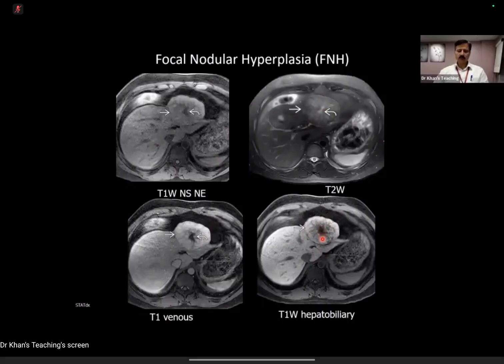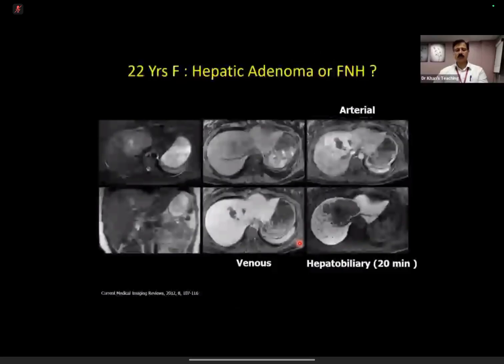The concept is that in FNH, there are normal hepatocytes, and the contrast is excreted by the normal hepatocytes and it will retain the contrast. The adenoma will not behave like this. Adenoma, take home point, will behave just like an FNH till 10 minutes time, but in the hepatobiliary phase, it will not behave similarly. And that is how you utilize this to differentiate between the two entities.